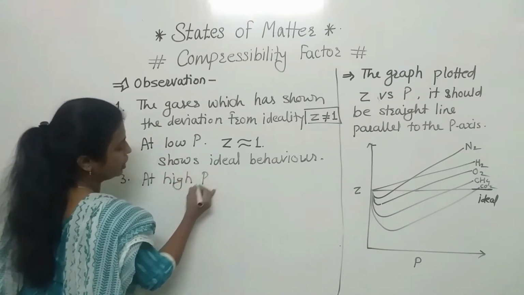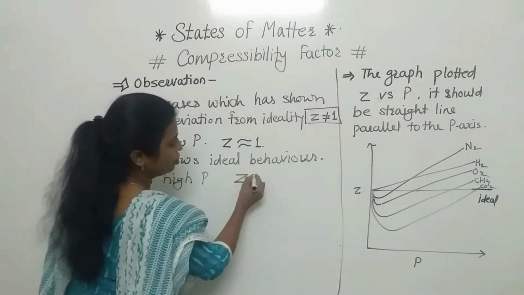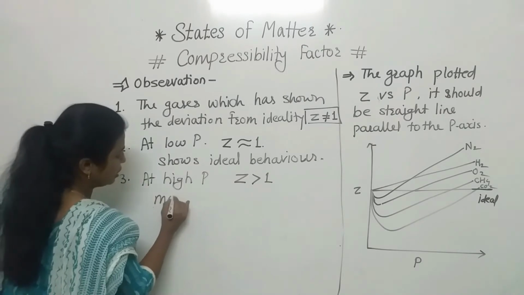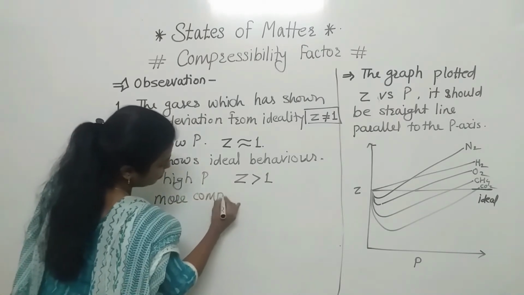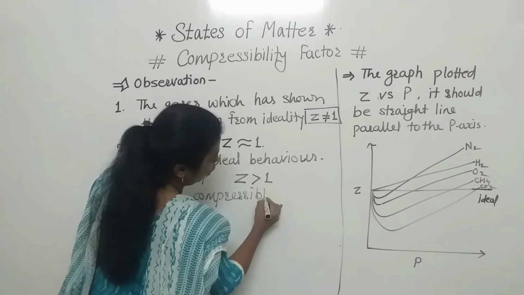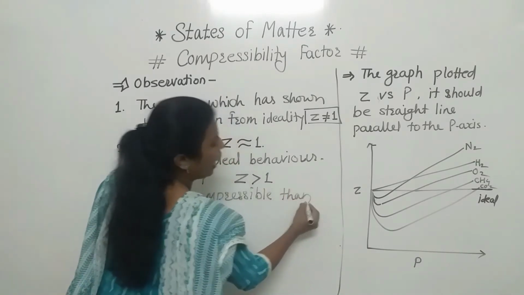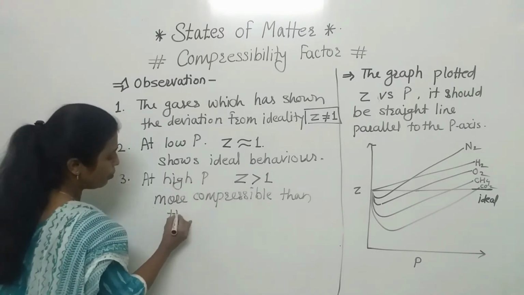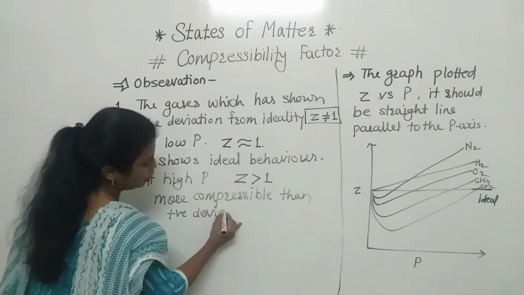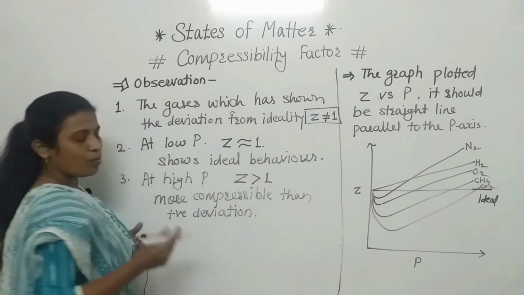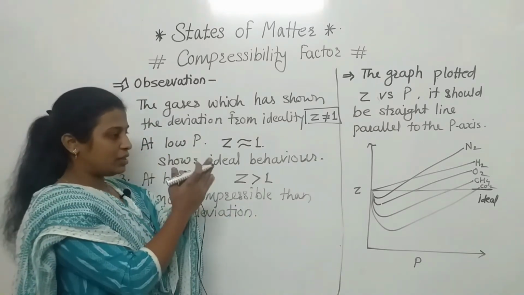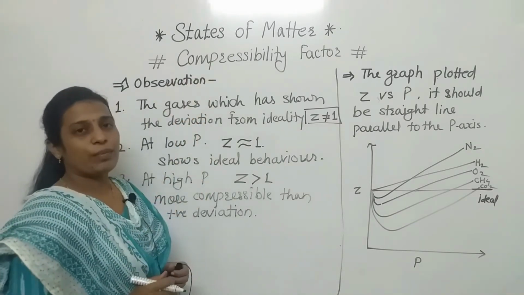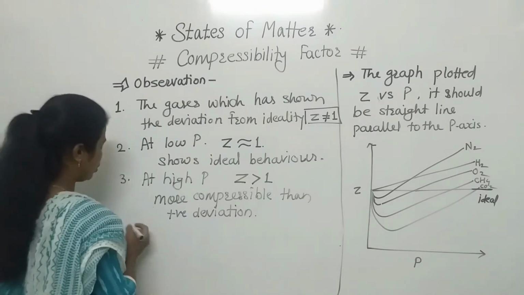At high pressure, the Z value is greater than 1, and at that time the gas is more compressible than the ideal gas. At high pressure they show positive deviation. Positive deviation means the Z value increases with the pressure.